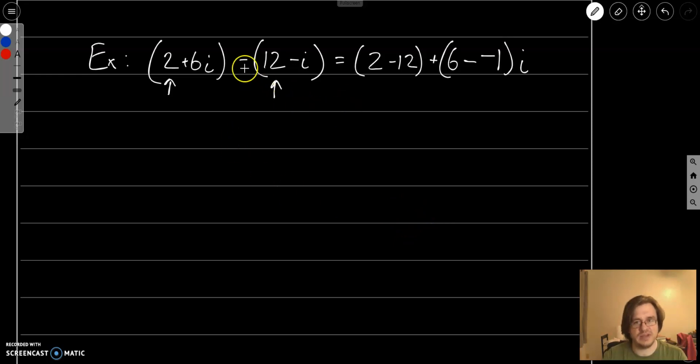Okay, there's a couple of negative signs floating around. But again, I'm going to be subtracting negative i, so I'm going to be subtracting negative 1 there. 2 minus 12 is negative 10. And here, 6 minus a negative 1. The two negative signs cancel out, and 6 plus 1 is 7. And we have just subtracted complex numbers.